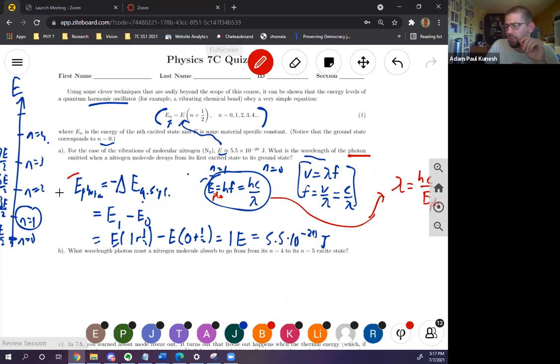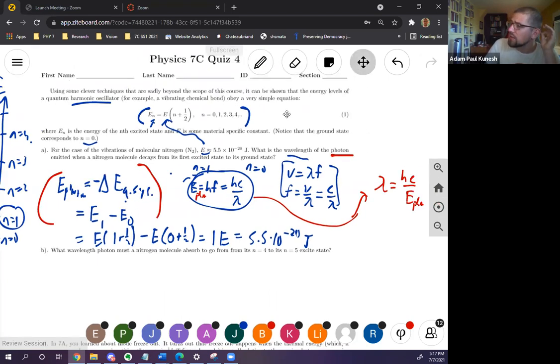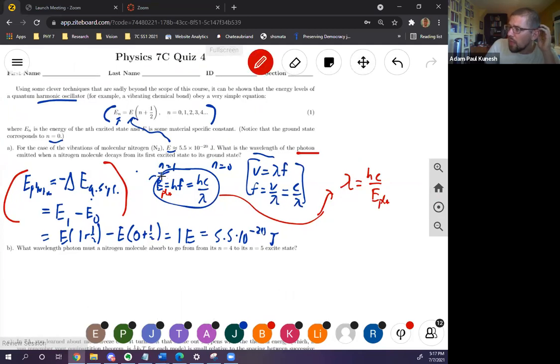The first is just a statement of the photoelectric effect, that the energy of a photon is the opposite of the change in energy of my quantum system. The second is by manipulating this relationship. Energy of a photon is hf, the frequency of that photon. H is just Planck's constant, it's a very small number. That reduces to hc over lambda if I make a substitution for f, frequency.